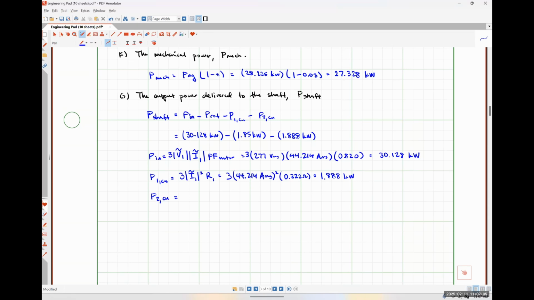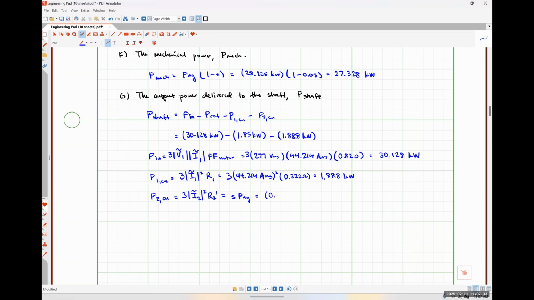Oh, no. I think it would actually just be that R2, yeah. But also you could just do slip times your air gap power as well. So what was suggested was 3 I2 squared R2 prime, which should be this exact same thing as S times PAG, which I'm going to do that second one because it's easier and I'm lazy.